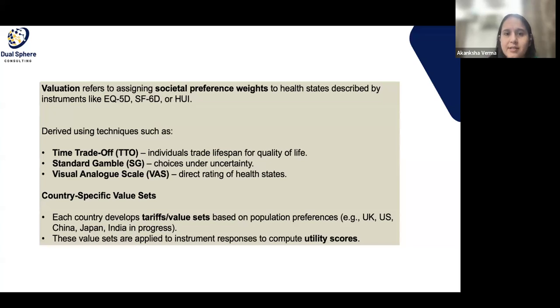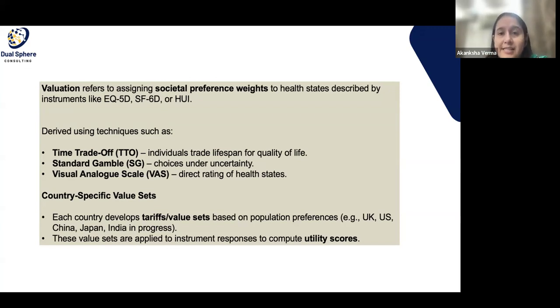The other option is you live 10 years, not 20 years, but in a perfect state of health. Which one would you like to choose? These types of questions are asked to society, and then their choices are taken, and then the societal preference weight is derived. Utility value is basically derived.